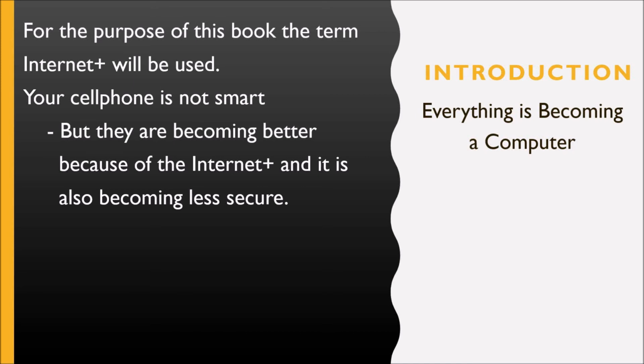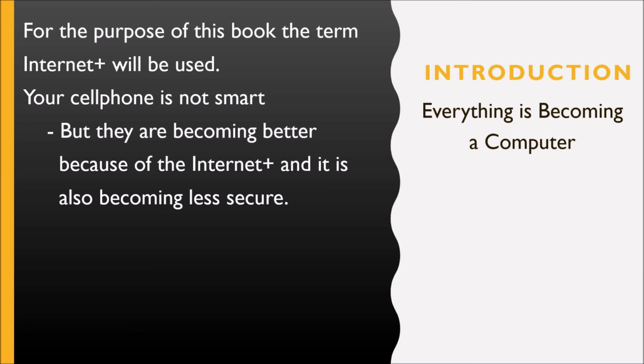So with the power of the cloud and machine learning, the Internet Plus is allowing these devices to become better and better. But since they become better and better, they also become less secure, since most devices are connected, like I mentioned a few minutes ago, without any security.